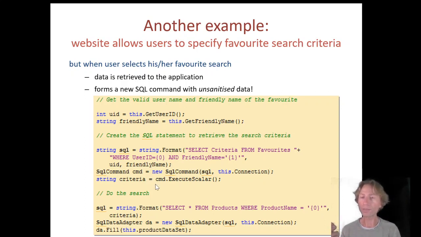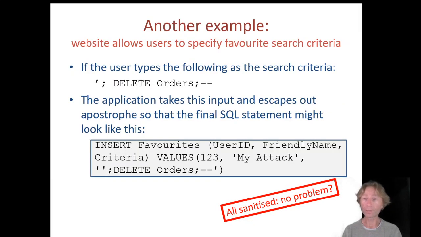Now the criteria will have this problematic value, and then once we use that again in a SQL query, so we actually construct a new SQL query with the results that we just obtained from the database, we again have the same problem of a SQL injection, because what we have provided as the criteria earlier, right? So let me go back to that, is tick semicolon delete order.